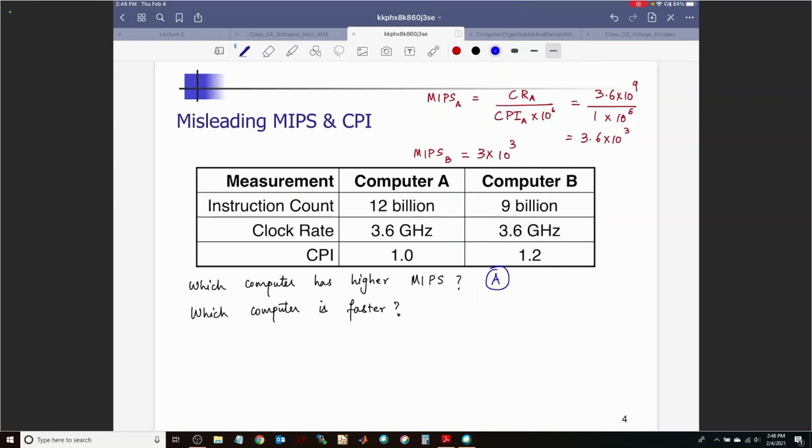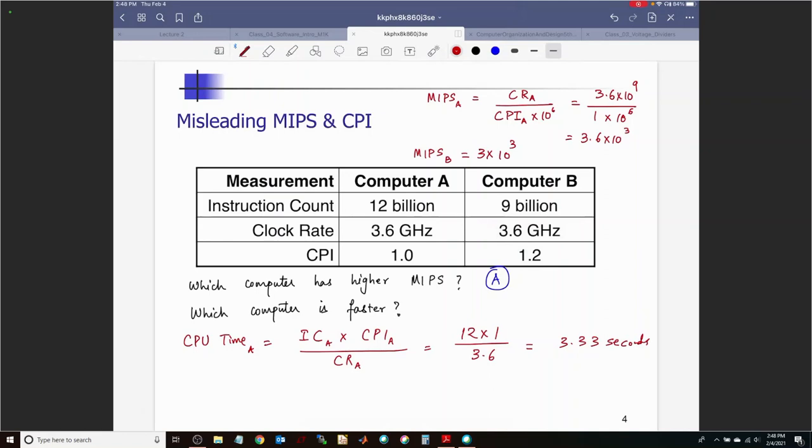Next, which computer is faster? If you want to comment about faster versus slower, then you look at CPU time. So let's use CPU time for A and B here. CPU time A, same equations, so I'm just going to run through them quickly here. Instruction count for A multiplied by CPI for computer A divided by clock rate for computer A, going to equal 12 times 1 divided by 3.6, should be 3.33 seconds.